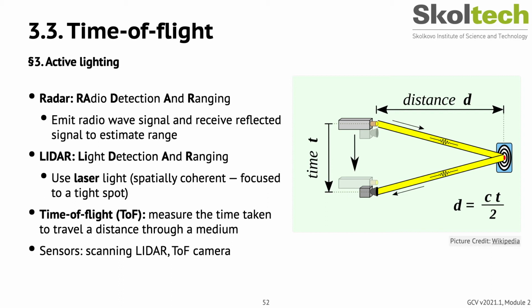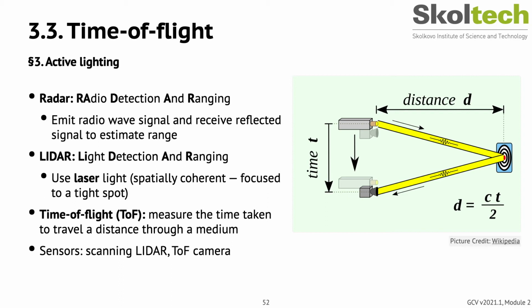LIDAR predominantly employs infrared light from lasers rather than radio waves. It is a method for measuring distances by illuminating the target with laser light, which is spatially coherent and allows focusing the beam of light into a single spot on the target.